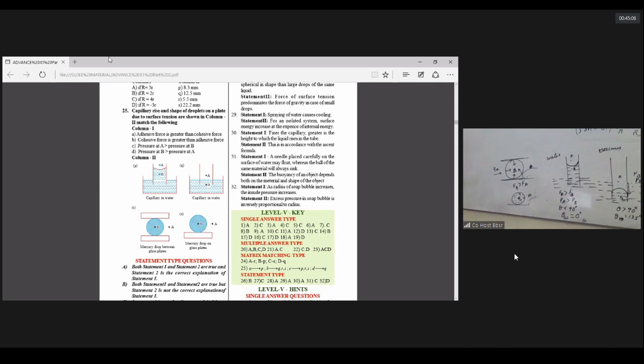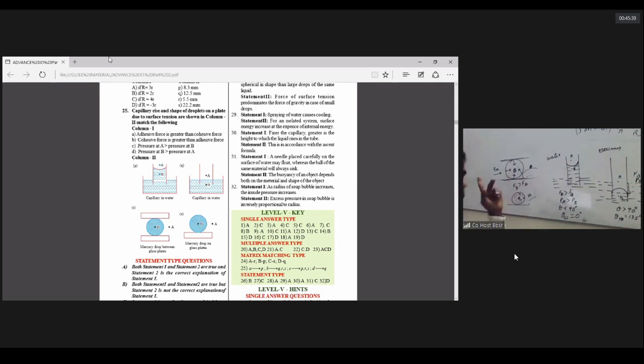Last one, okay. For the third one you can see, number C. If you keep the mercury between the two plates, the external pressure should act on the system due to the plates. So there is a chance to get more pressure on the mercury drop. I think the PA should be greater than the PB.